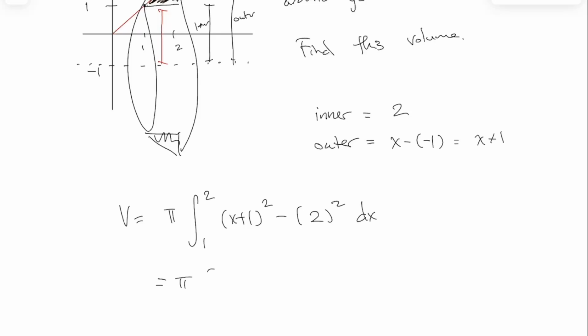So this is pi, integral from 1 to 2. Do the FOIL here: x squared plus 2x plus 1, and then minus 4. So this is pi, integral 1 to 2 of x squared plus 2x minus 3 dx.